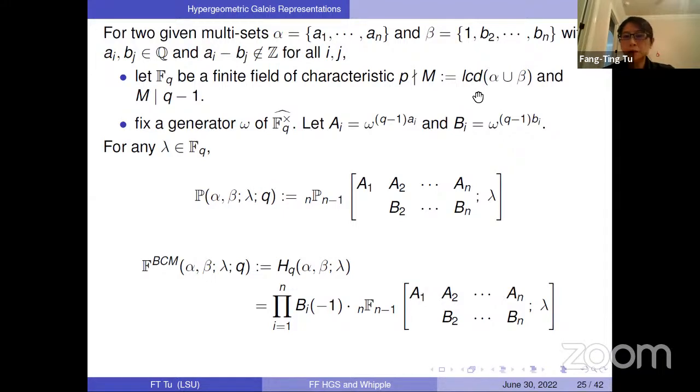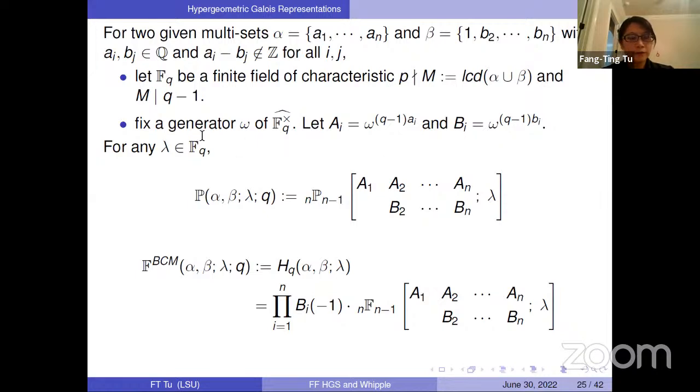And we also require Q to be congruent to 1 mod M. This is to ensure that the numbers Q minus 1 times A_i are integers, and so are Q minus 1 times B_j.